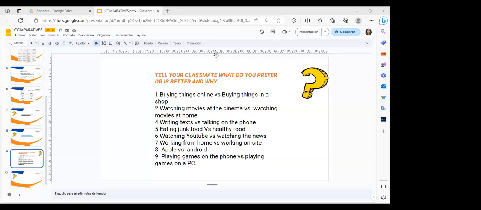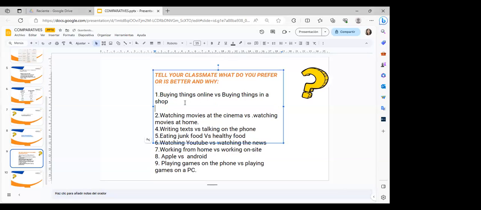I prefer buying things online because it's more cheap, cheaper, than buying things in a shop. Okay, perfect. Yeah, that's a good reason.